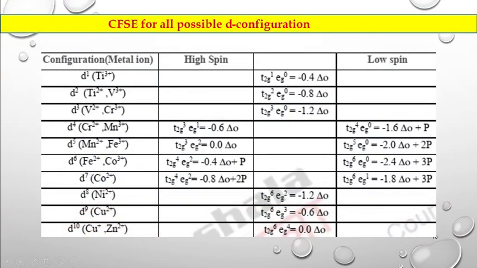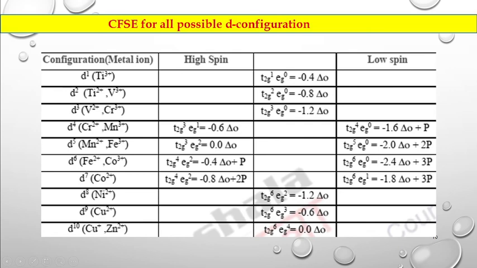So if we see the crystal field stabilization energies in different configurations, for d1 the CFSE will be minus 0.4. For d1, d2, d3 we get only one possibility, and for d8, d9, d10 we get one possibility, and the crystal field stabilization energy is given.